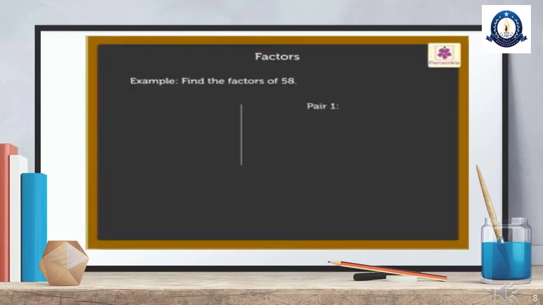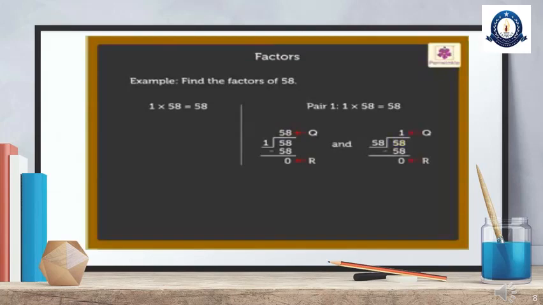The first pair is 1 into 58 is equal to 58. Here, when we divide 58 by 1, we get the quotient as 58. And when we divide 58 by 58, we get the quotient as 1. In both the cases, the remainder is 0.